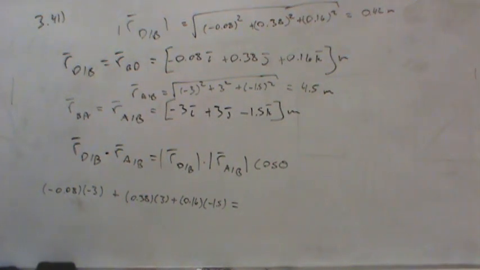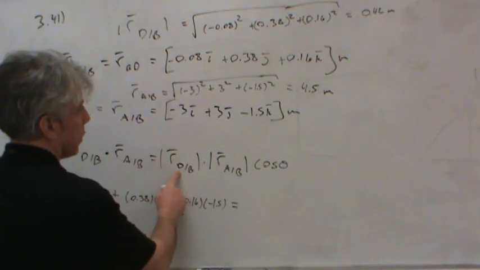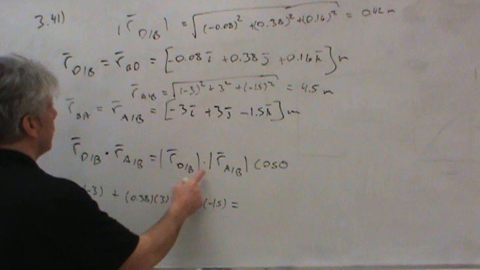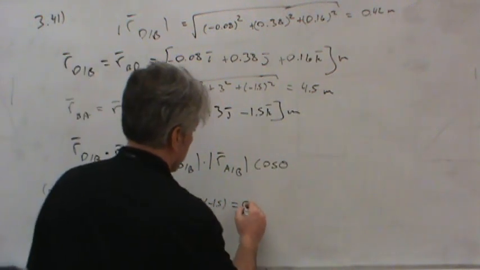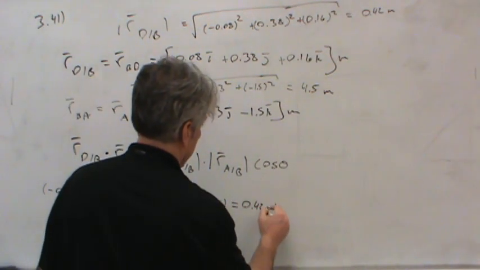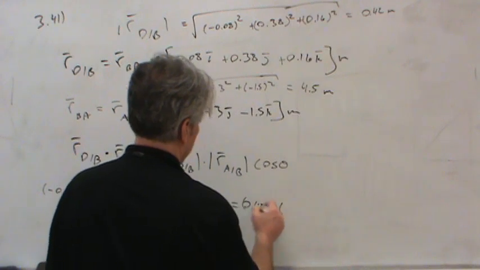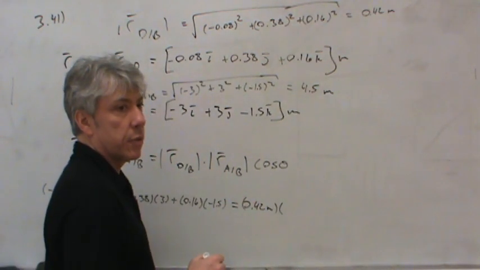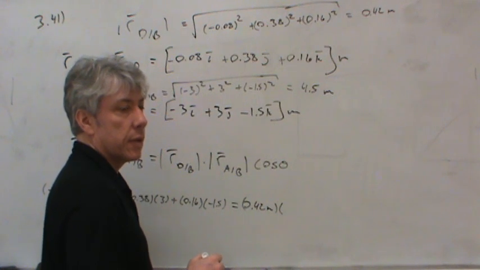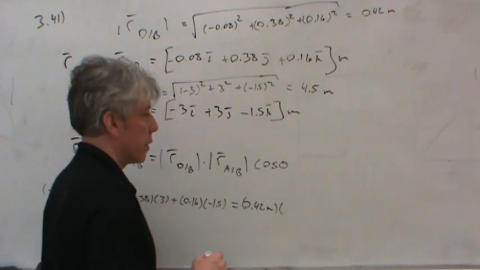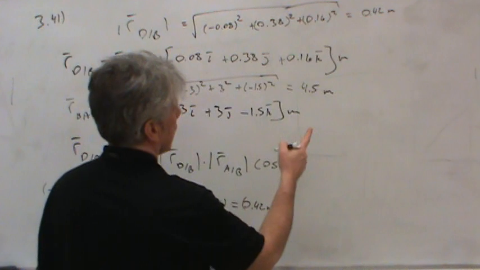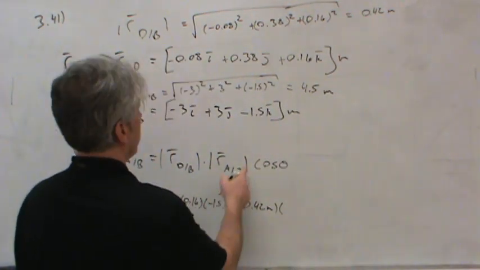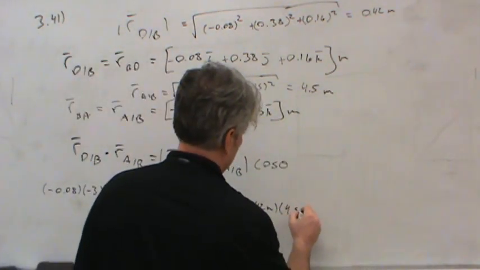If we take the multiplication of the two magnitudes, D with respect to B is 0.42 meters. And the other one, the magnitude of A with respect to B, is 4.5 meters.